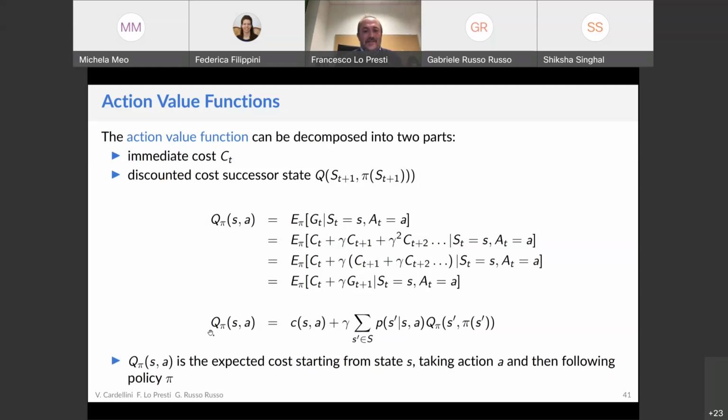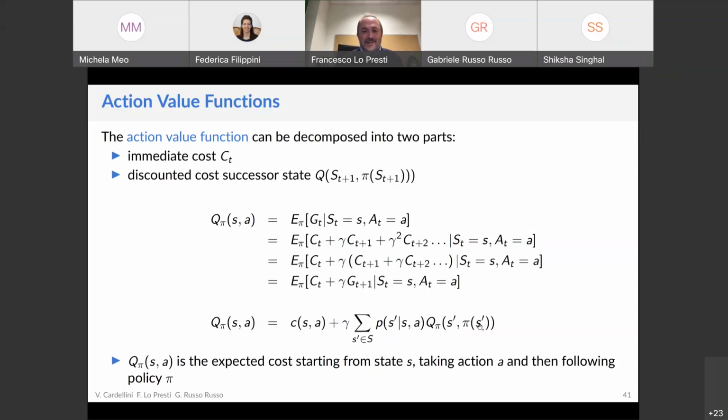So the expected cost starting in state S and taking action A is equal to the expected cost of taking action A in state S plus gamma times the expected cost of the future, which depends on the transition probability, what is the next state given the current state and the action I take, and the action value function of the next state onward. And onward, I just follow the given policy.